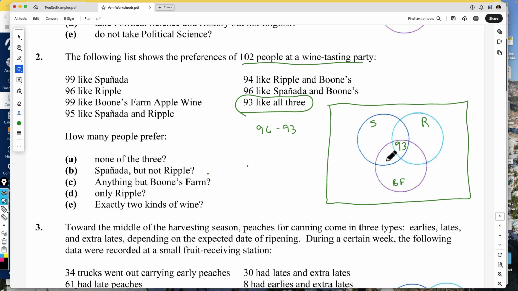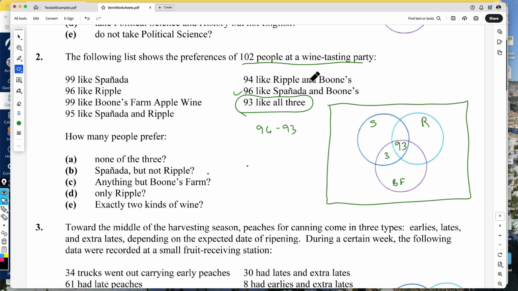That's 3. We're going to put 3 here. Because when we add these 2 together, that's the whole intersection of Spaniata and Boone's. So there's our 96 people. But if you put 96 here, then you got 96 and 93. We're already over, that's counting everybody. So we took care of those guys.